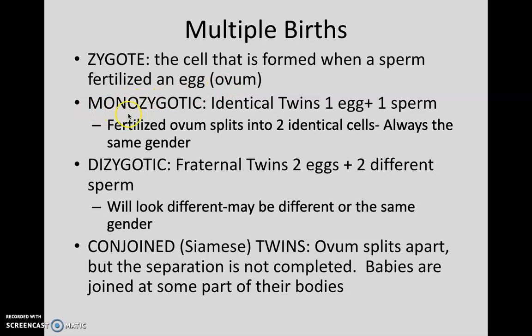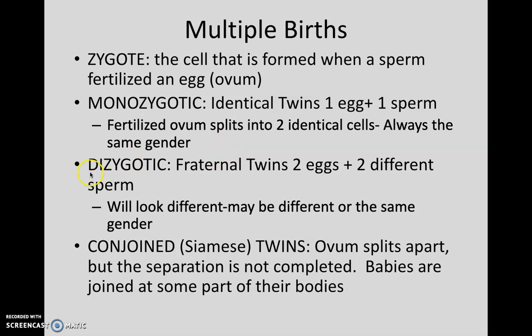Now mono means one. So if I'm looking at monozygotic, that is going to be identical twins. So there was one egg and there was one sperm. That fertilized egg, or that fertilized ovum, splits into two identical cells, which is always going to be the same gender. So they are identical. That cell just splits, causing one cell to split for identical twins.